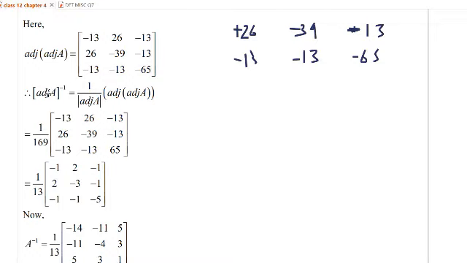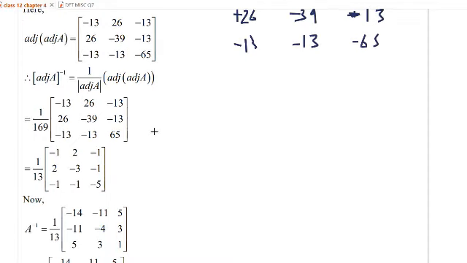We are just finding inverse of B, so it is 1 upon determinant B into adjoint B. And what is that B? Adjoint A only. Now taking 13 common from inside, and 13 upon 169 will be 1 upon 13, and inside this term you will get the matrix. So what we have done here is calculate adjoint A inverse.